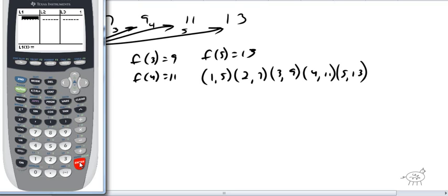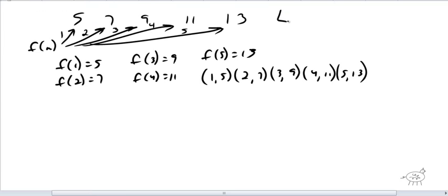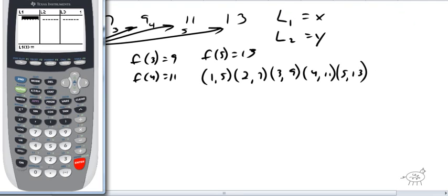What we're going to do is we're going to make L1 your X values, and L2 are your Y values. That's pretty typical. Okay? So let's check it out here. I'm going to put 1, 2, 3, 4, and 5 in the spot. Okay?